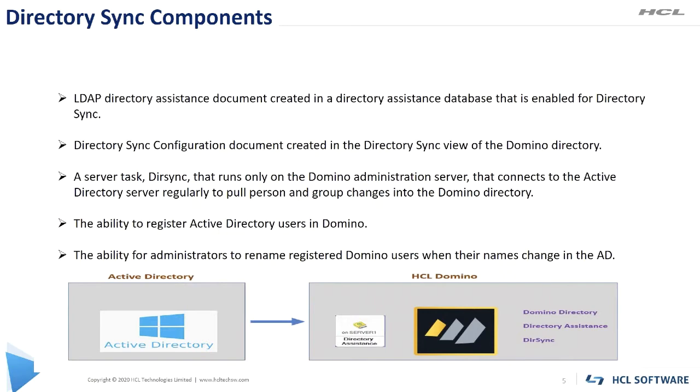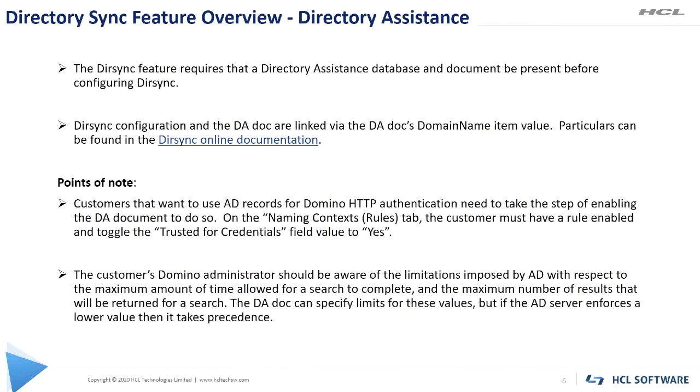Moving to the next slide. In the previous slide, we discussed the major DIRSync components, and now we are going to discuss each component in more detail. The very first step is to create a directory assistance database. One important thing to note is that you ensure you are using the latest V11 DA template while creating the directory assistance database.